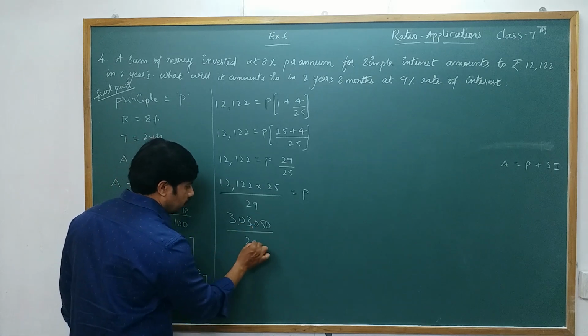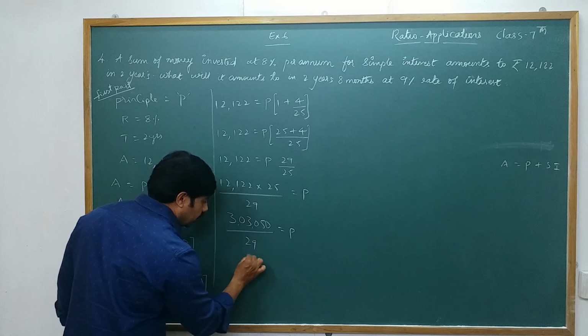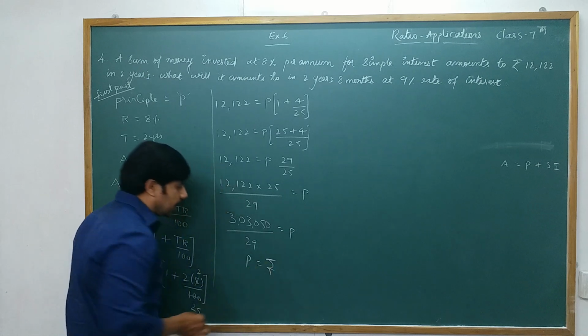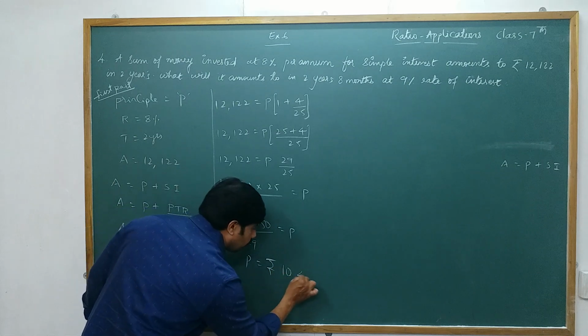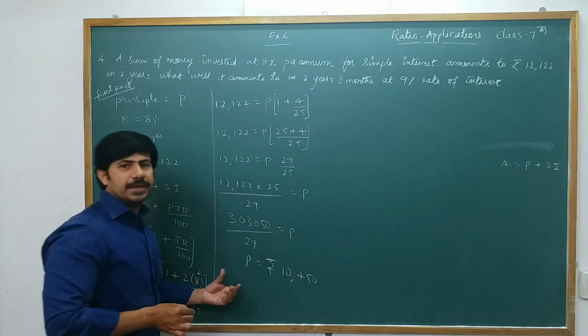Then by 29 is equal to P. Now if we divide this by 29, we get the principal, that is 10,450 is the principal we got.